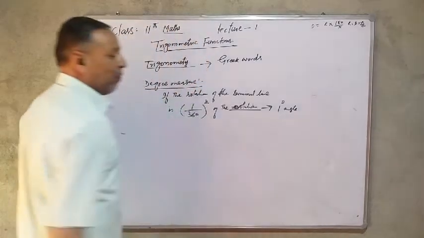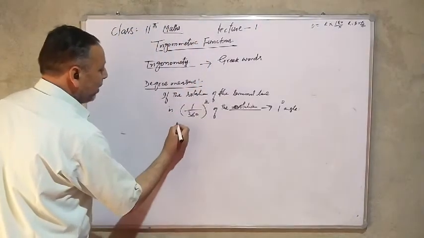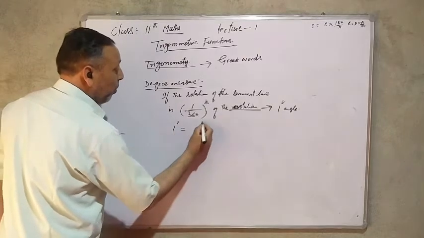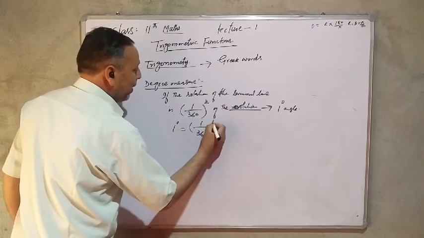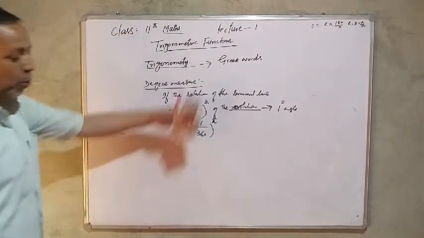That means a 1 degree angle is 1/360th of the rotation.